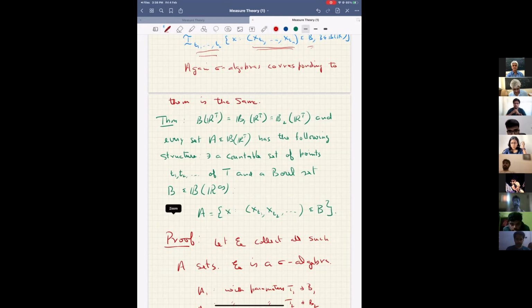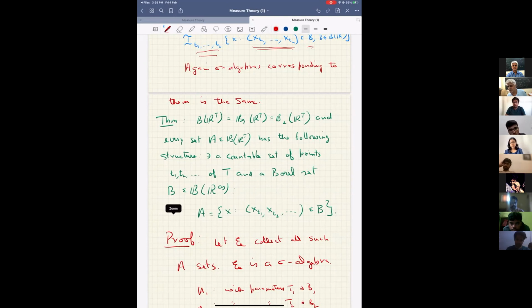It's just X such that (x_t1, x_t2, ...) is in B complement. So what I really need to do is, given A1, A2, A3 with corresponding B1, B2, B3, argue that their countable union is also of this form.